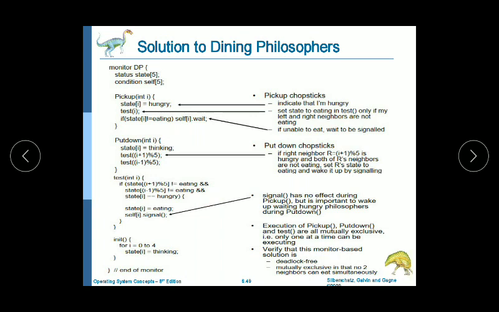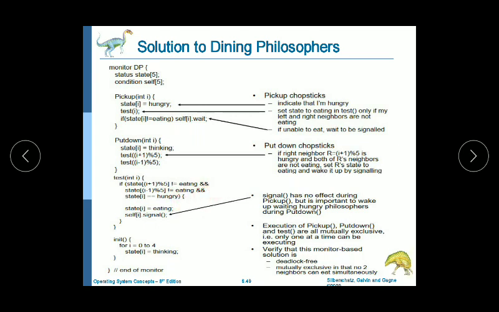Test function: test whether the neighbor philosophers are eating or not. If state[(i+1) mod 5] is not equal to eating, and state[(i-1) mod 5] is also not equal to eating, are you following? The left philosopher is not eating, the right philosopher is also not eating, and I am hungry, then state[i] = eating.